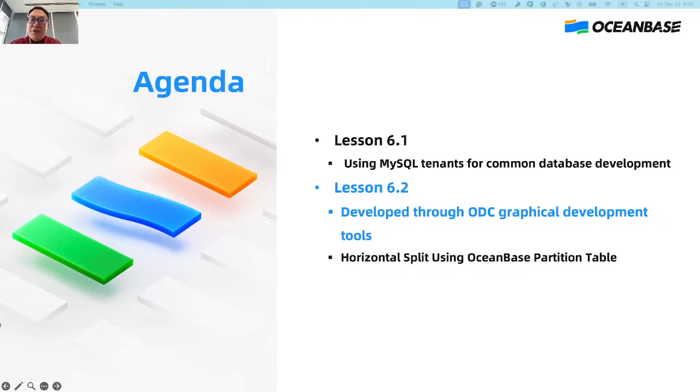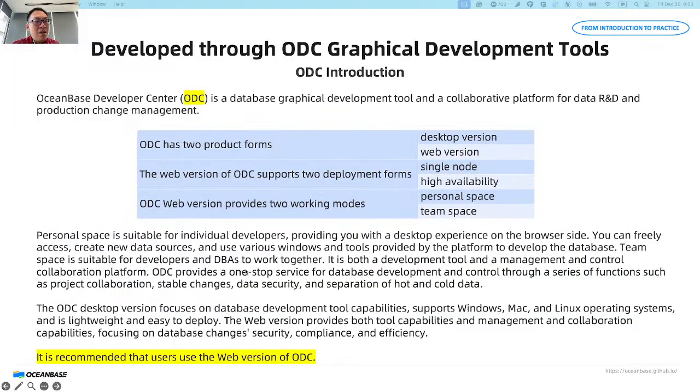Let's first introduce development through the ODC graphical development tool. Let's first look at what ODC is. ODC is OceanBase Developer Center. It's a database graphical development tool and a collaborative platform for data research and development, and also production change management.